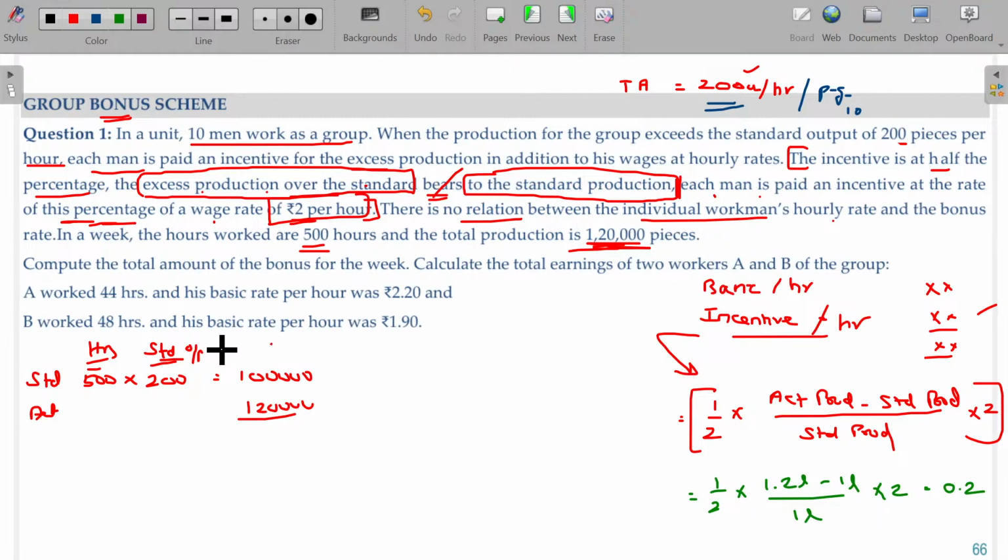A worked for 44 hours and the basic wage rate is 2.2. So his salary, how do you calculate? Basic will be calculated separately.